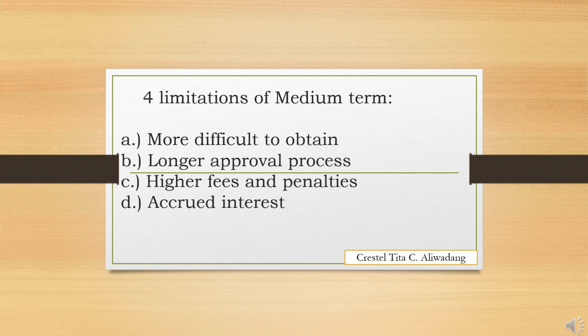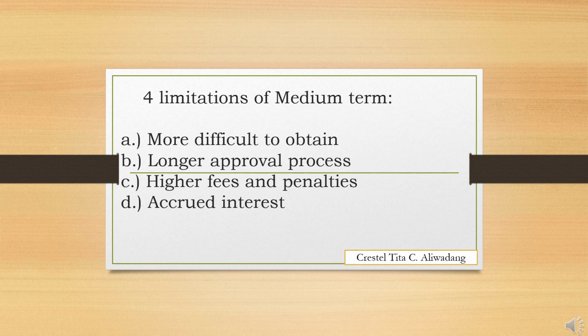Second one, longer approval process. Due to the extra checks on the borrower, medium-term finance may have a lengthy approval process as well. Apart from the checks, lenders may also require other extensive documentation that supports the financial capacity of the business to repay the loan. For small-sized businesses and startups, this may take even longer due to no credit histories.